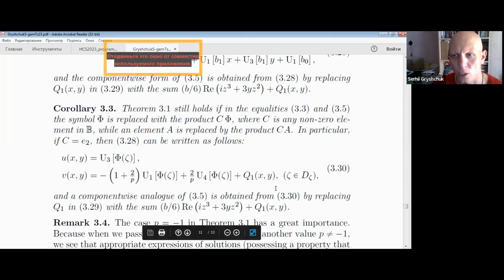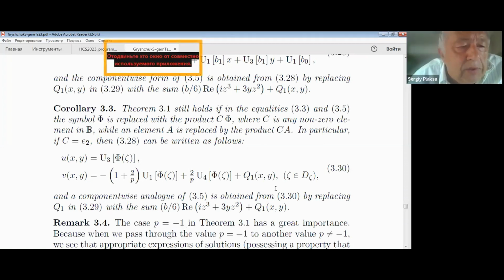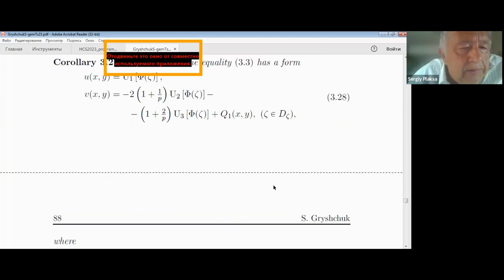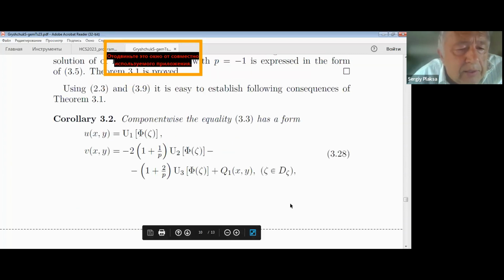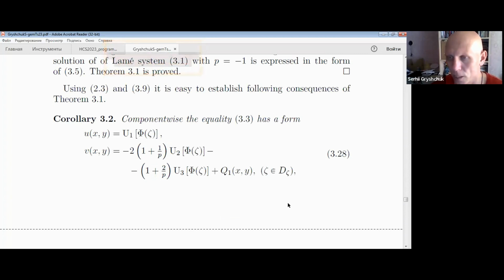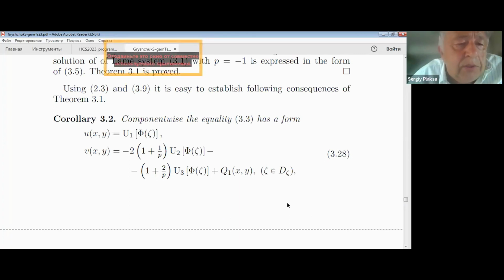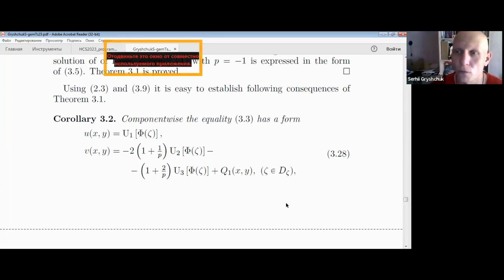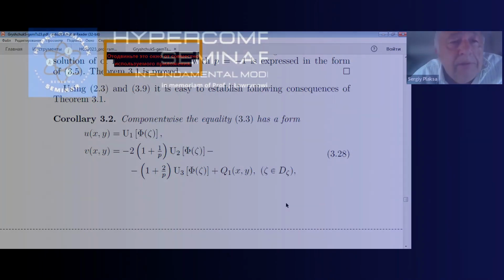Yes, these representations are equivalent, in the sense that they give all solutions. In this sense, of course, they are equivalent, because any solution can be represented in different forms of representation. Okay, thank you very much.